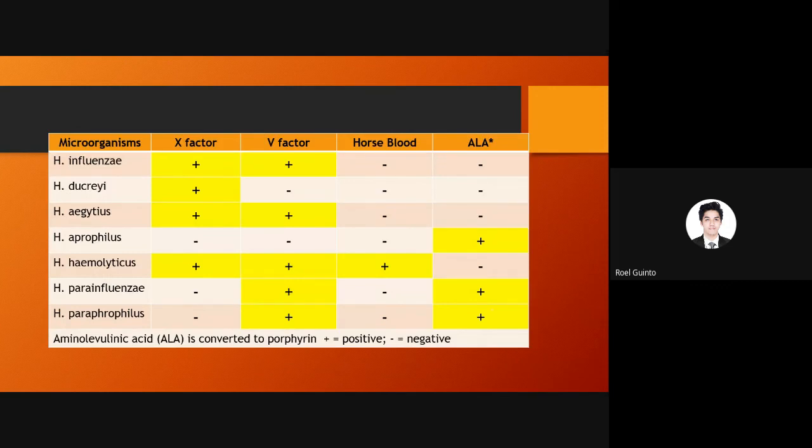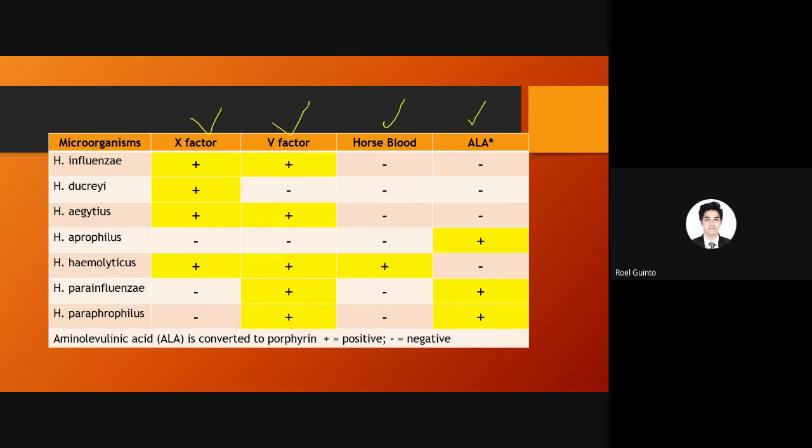So guys, in summary, these are the different microorganisms of Haemophilus. We have influenzae, ducreyi, aegyptius, aphrophilus, haemolyticus, parainfluenzae, and paraphrophilus. Di ba sabi natin kanina, Haemophilus requires X factor, V factor, horse blood, or ALA.